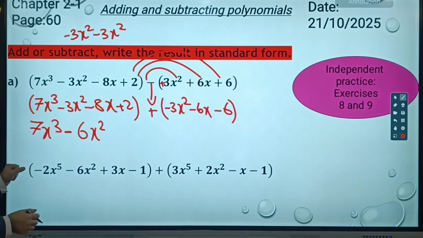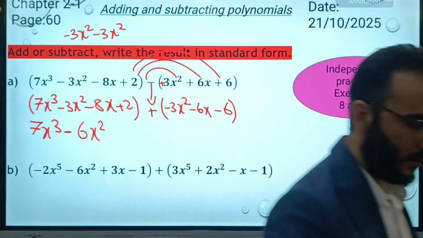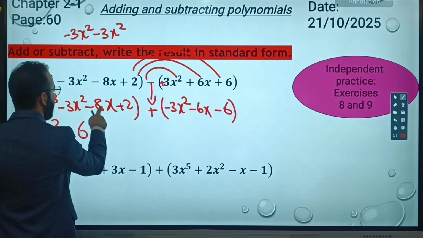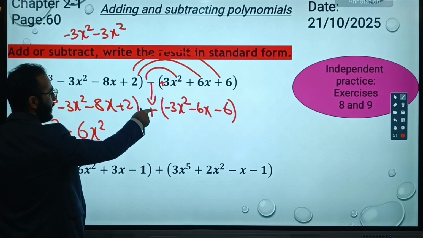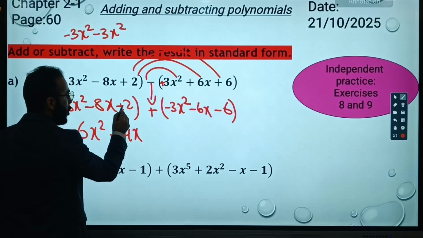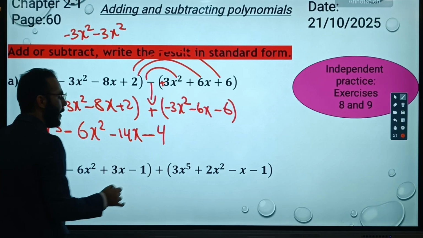Then negative 8x, negative 6x, negative 14x. 2 minus 6, it's equal to negative 4.